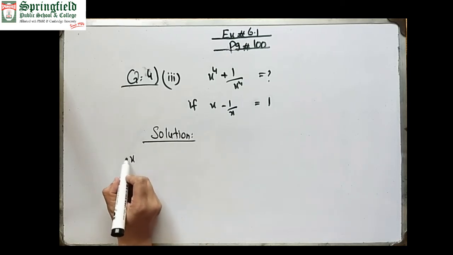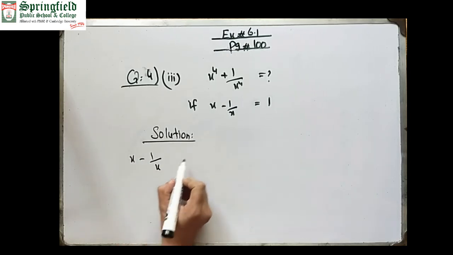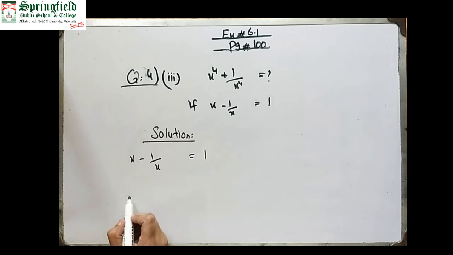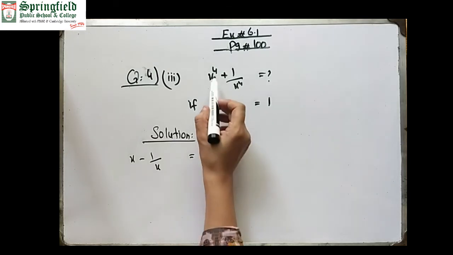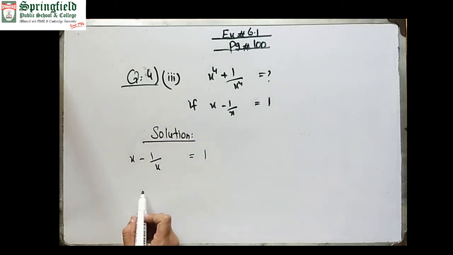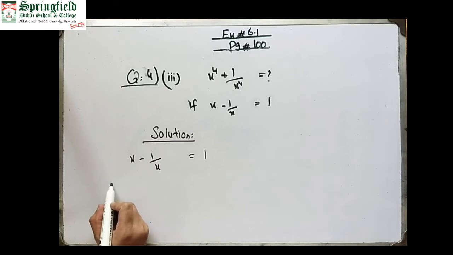As the given value is x minus 1 by x is equal to 1, so first we will find the x square plus 1 by x square, means square terms, and then we will jump on the fourth term, power 4.